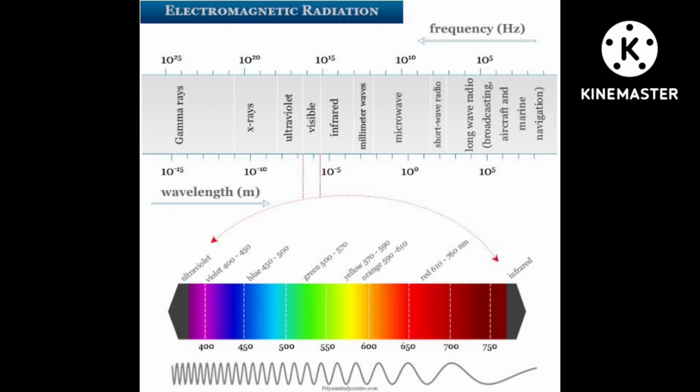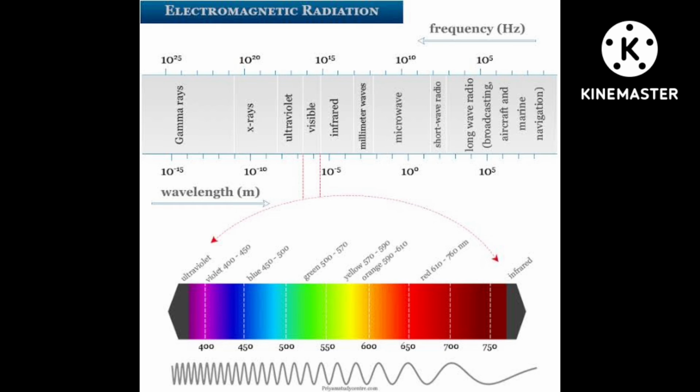This is a very simple numerical, and one last numerical I will discuss. This is also very simple and easy. The question is like this: calculate wave number. Don't get confused, wave number is very easy.